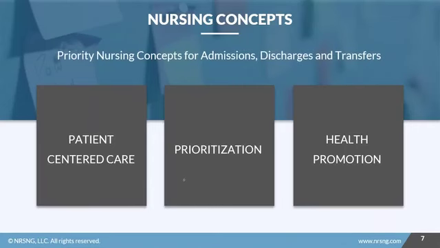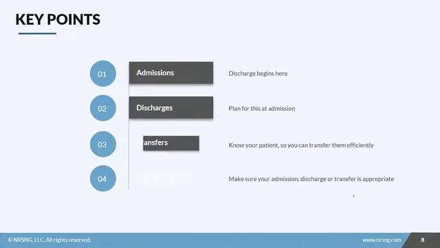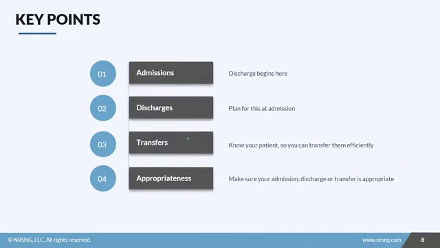When we talk about nursing concepts for admissions, discharges, and transfers, we're focusing on the patient, and we're talking about prioritizing the care. We want them to get over their illness as quickly as possible, and we want to focus on efficiency and promoting health in all aspects. So let's recap. Admissions are lengthy processes, but remember, your discharge plan begins here.